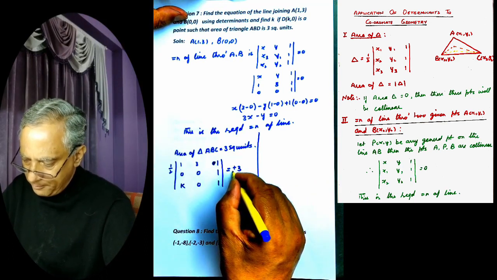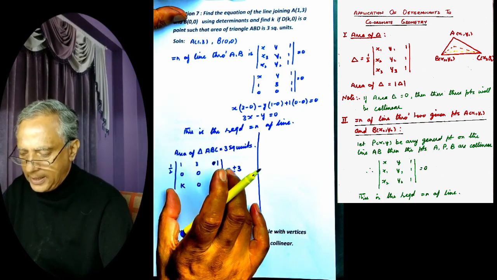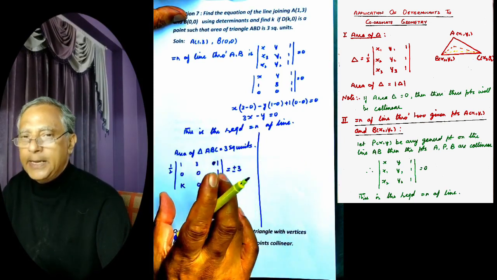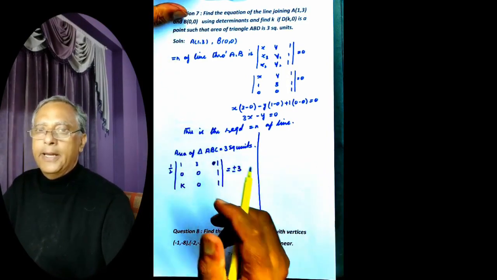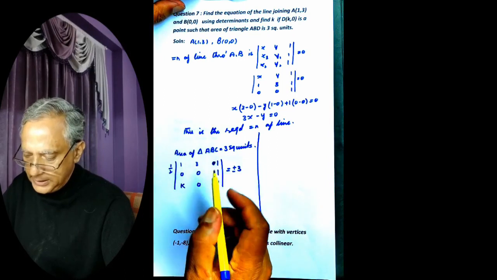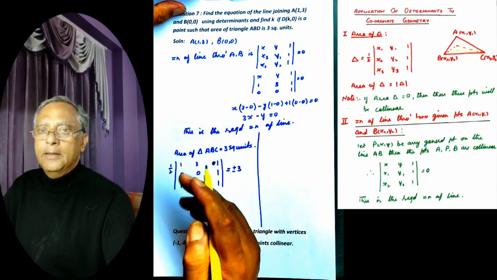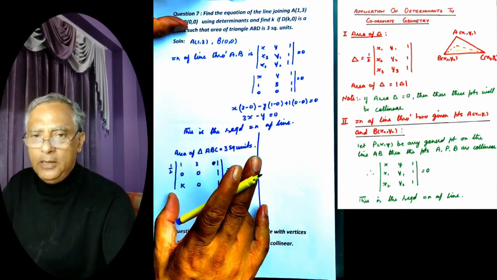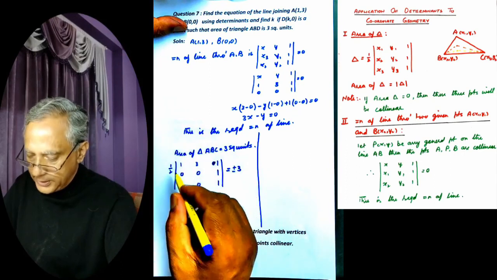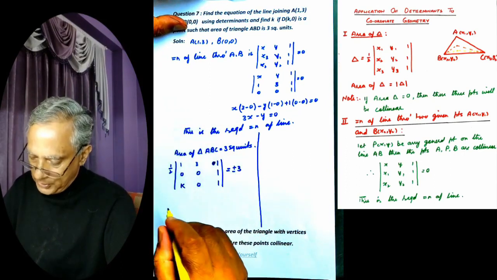So this must be plus minus 3, because even if the determinant gives the area as minus 3, it is taken as 3. This may give the value as plus or minus, but we have to take the absolute value of the area. So in such questions we take plus minus 3.